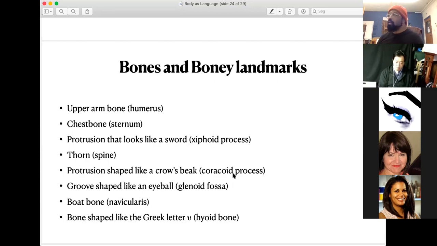And so, yes, the egg shape on the surface is great, but also thinking of it as a cage really helps. So then you have the sternum. Sternum, it means chest bone, but then what if we break apart the sternum in the same way that Vesalius broke apart the pelvis? If we don't give the sternum the name sternum, what do we have?